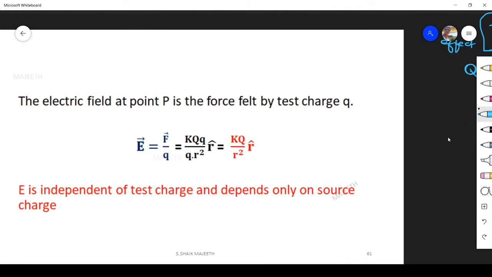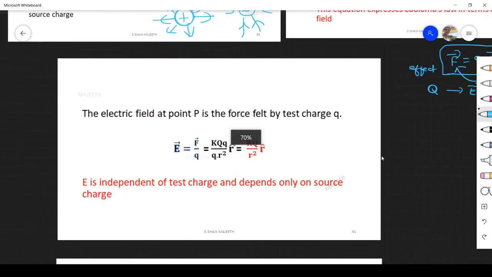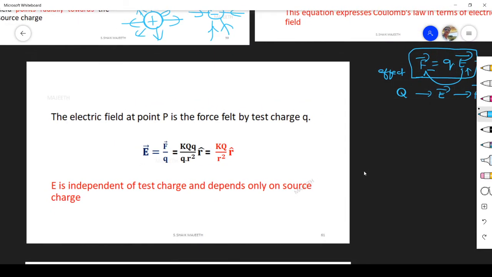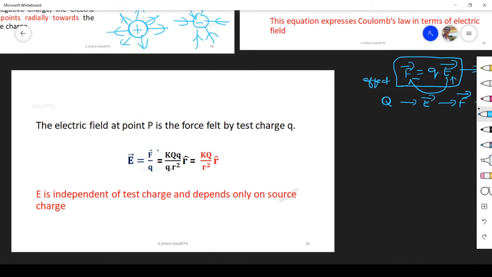The electric field at point P is the force felt by a test charge. We know that, right? Just now in the last video we have seen that. But what is capital Q here? In that example I have kept capital Q as the source, small q as the test charge. The electric field is force per unit test charge. We know that the force between the two charges is K into Q q by R squared, and this q is divided by it.